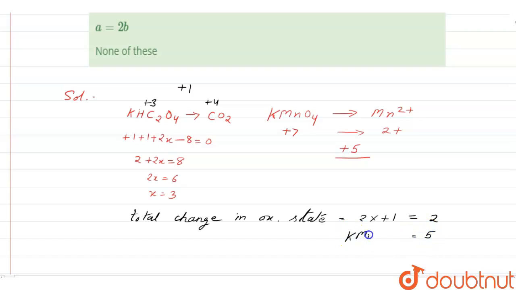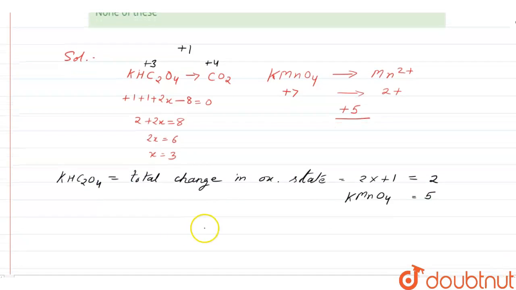For KMnO4 this value is 5, and for potassium hydrogen oxalate this value is 2. Now as we have calculated the n factor, we can use the formula: equivalence of KMnO4 would be equal to equivalence of potassium hydrogen oxalate.